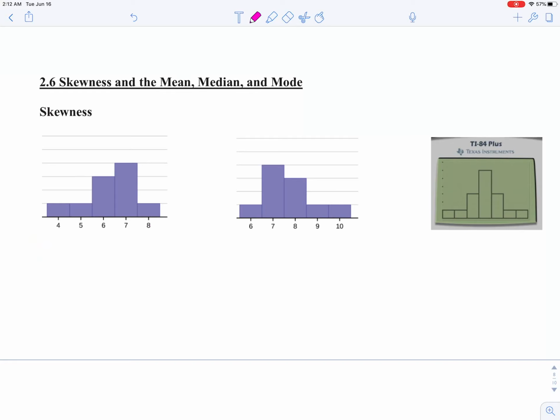So if we notice this graph here, this first one, if we draw a smooth curve over the bars, kind of close there, what we notice is we have a peak up top here, but then we have this tail of data trailing off to the left, right? So this would be called a skewed left distribution.